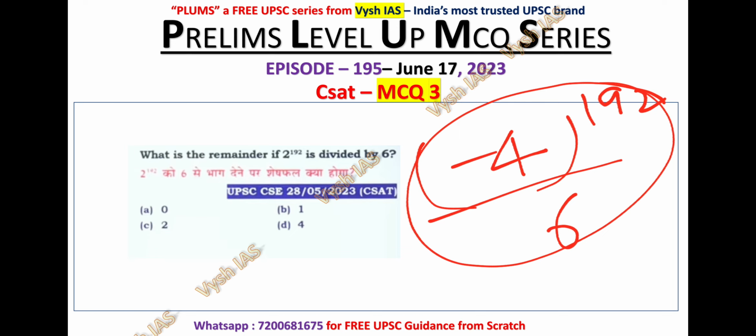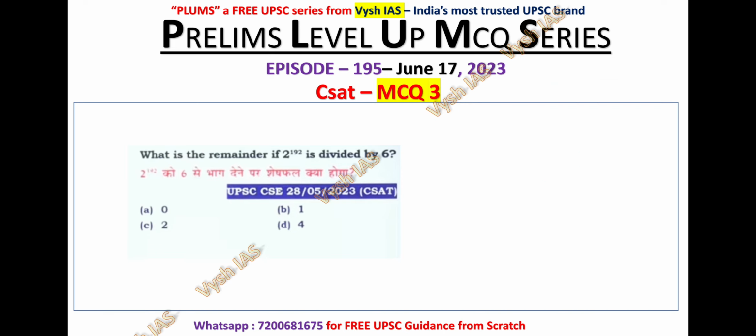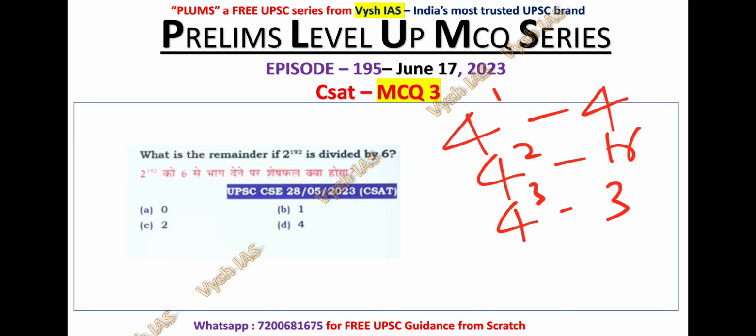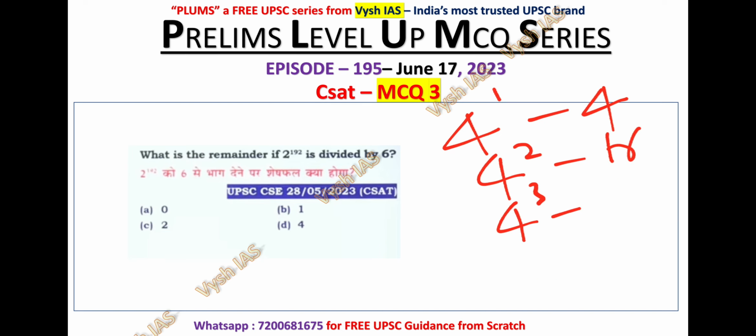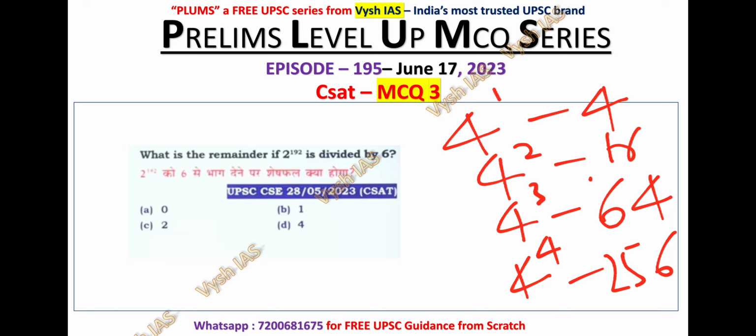I wanted to tell you one method. 4 power 1 is nothing but 4. 4 power 2 is nothing but 16. 4 power 3 is nothing but 64. 4 power 4 is nothing but 256.